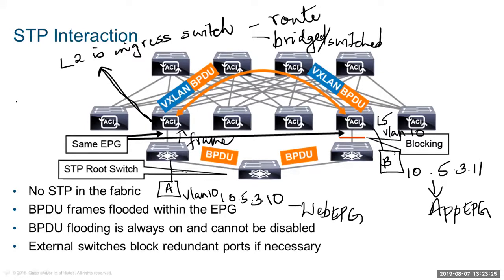If the packet's destination MAC is the SVI MAC address, it's going to be routed.